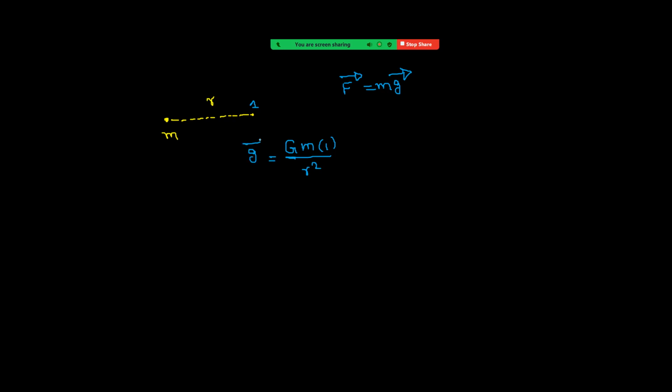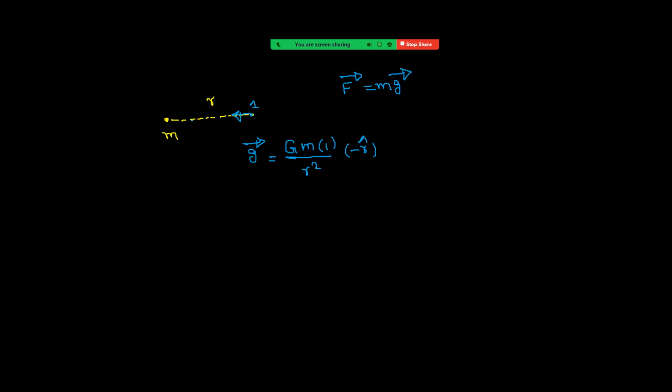But if you want vector form, then see what happens. This is attracting, therefore it will be directed towards the point mass. That means I have to write here minus r cap. See carefully. G m1 m2 by r square is the modulus value. Direction is opposite to r bar.